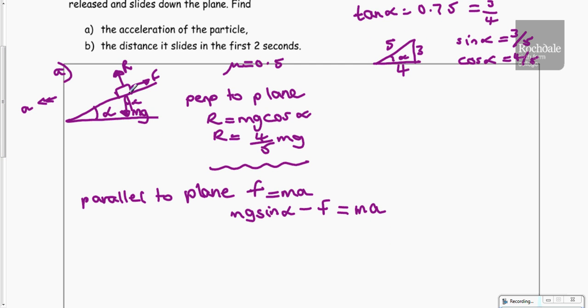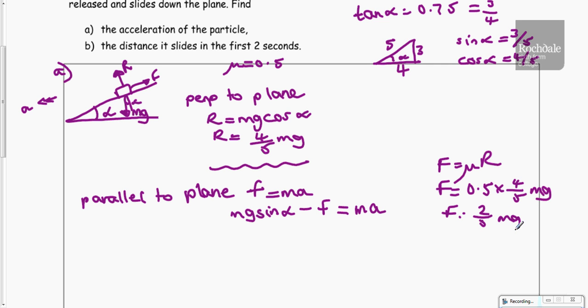Now, because it's moving, we know the friction is at its maximum, so F will be equal to mu R. We know that mu is a half, we're told that in the question, and R is 4/5 mg. So the frictional force is half of 4/5, which is 2/5 mg. So we can substitute that friction into this equation.